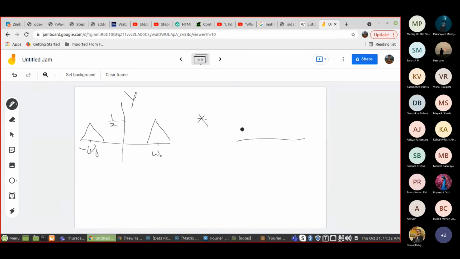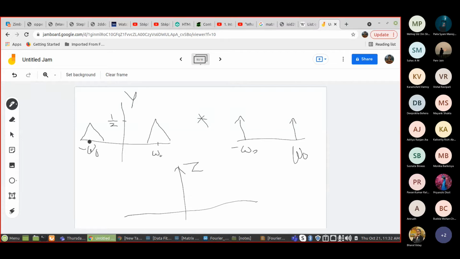And this gets convolved with the same impulses again at omega naught and minus omega naught. And let's draw z of j omega downstairs. Okay, so let's convolve this triangle with these two impulses first.